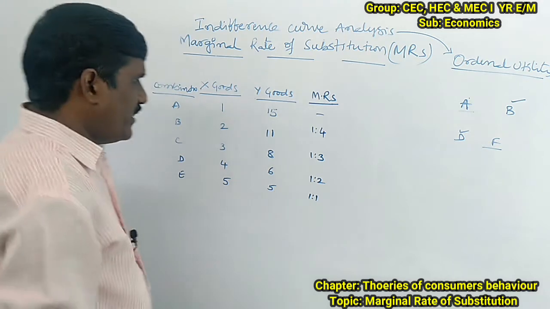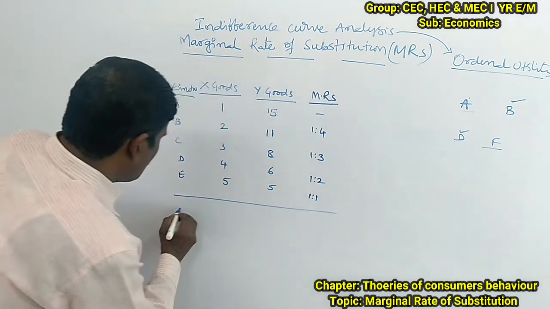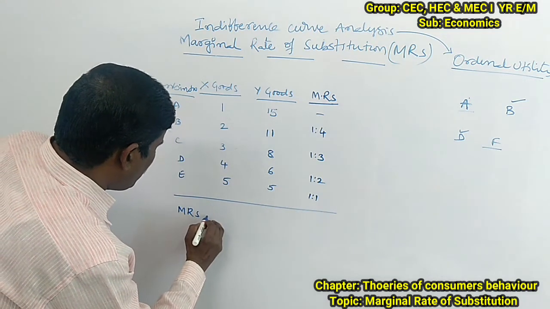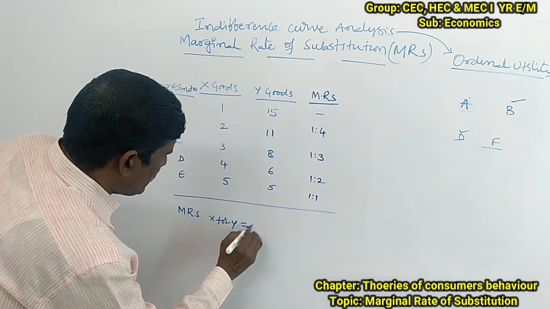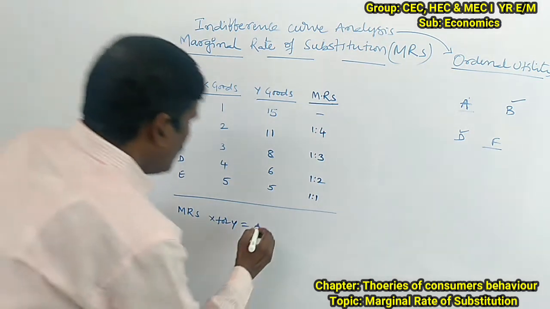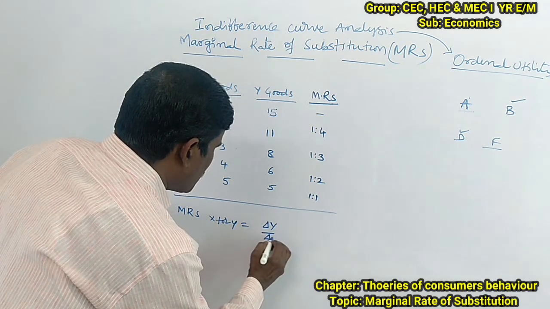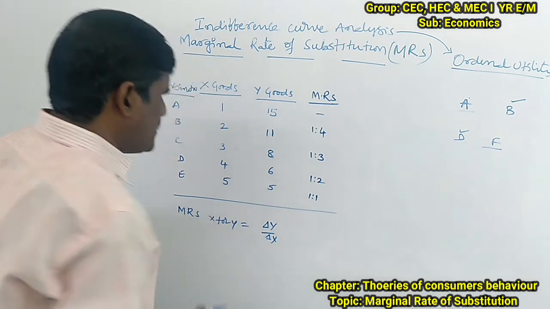Okay, then let me analyze. The marginal rate of substitution, MRS of x for y, is equal to delta y by delta x. What is delta?